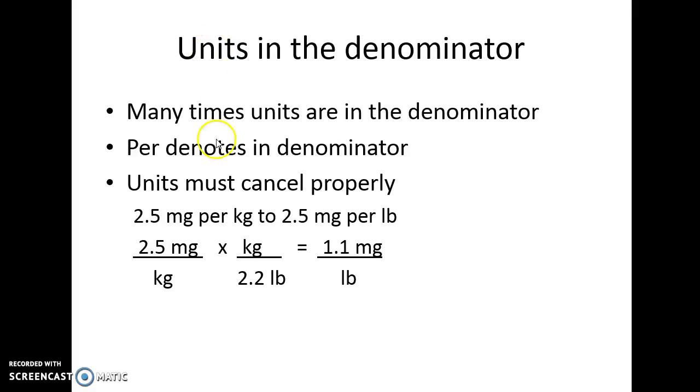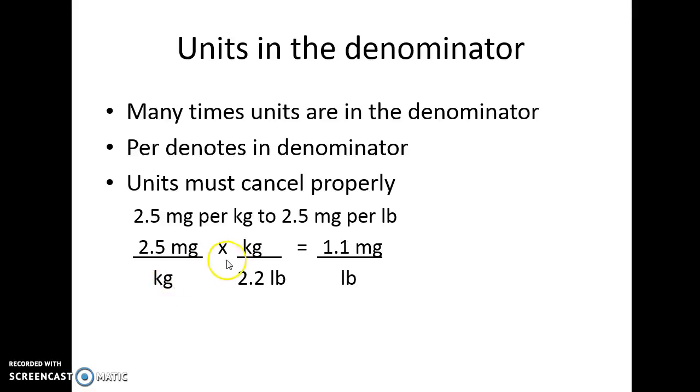If you have a unit in the denominator, for instance down here, 2.5 milligrams per kilogram, and you want to change that kilogram to another unit, all you have to do is just make sure your units cancel out. So here, 2.5 milligrams to kilogram, we want to figure out how many milligrams per pound.